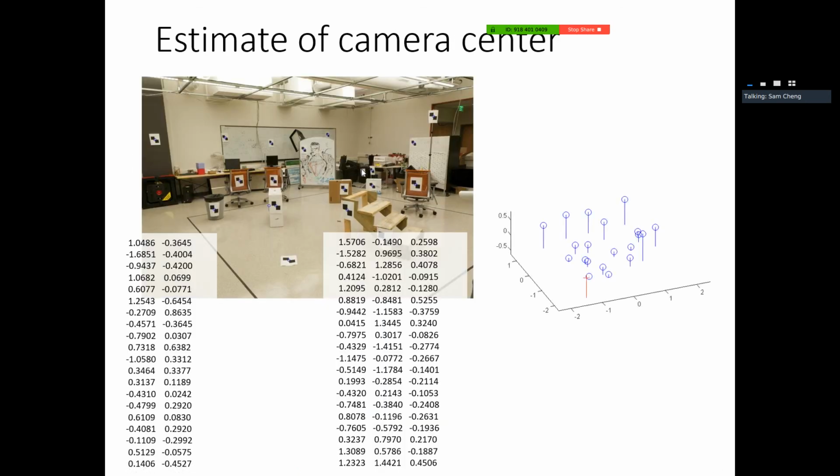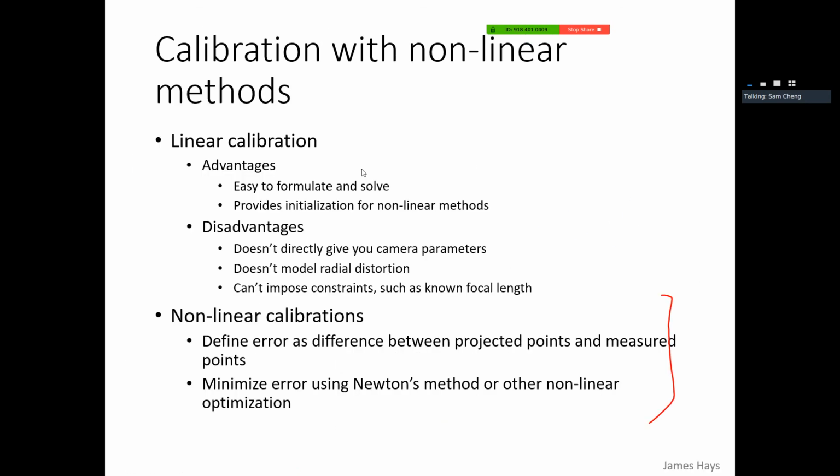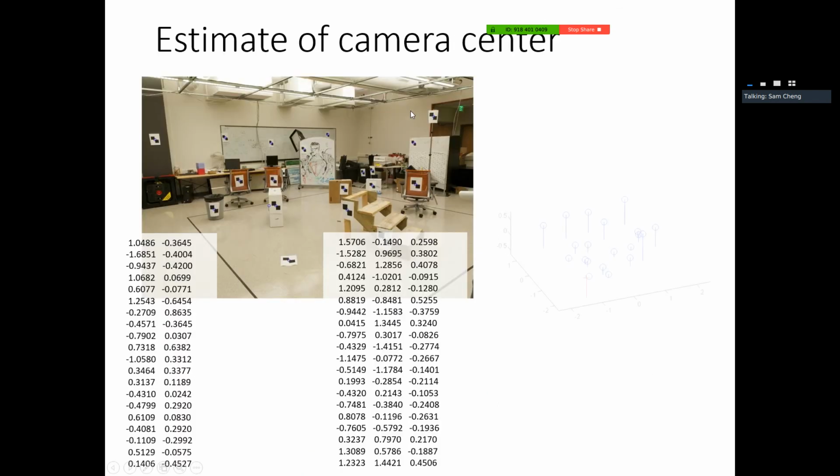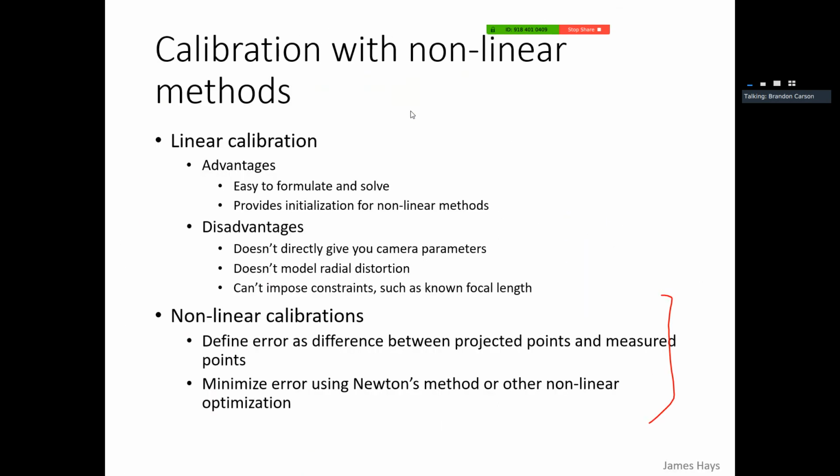But if I have a fixed lens in front of my camera and try to calibrate, this calibration won't work, right? Because my distortion is actually nonlinear. So nonlinear calibration is where you include the lens distortion.